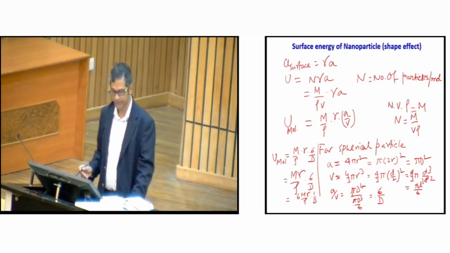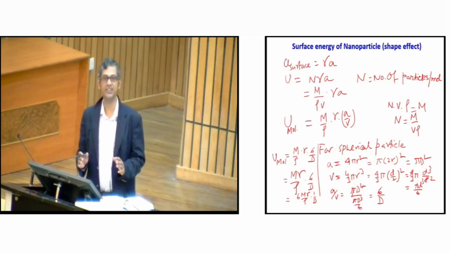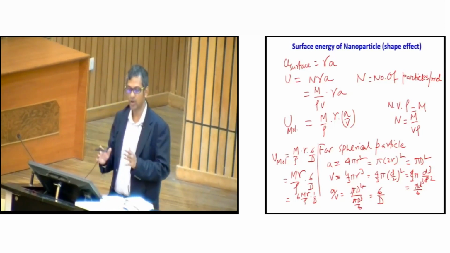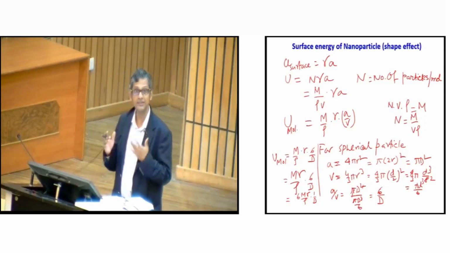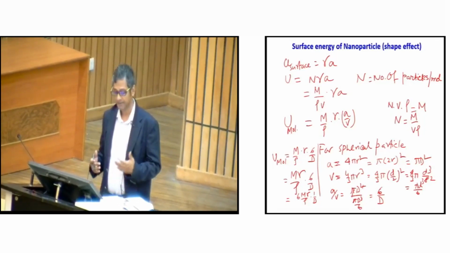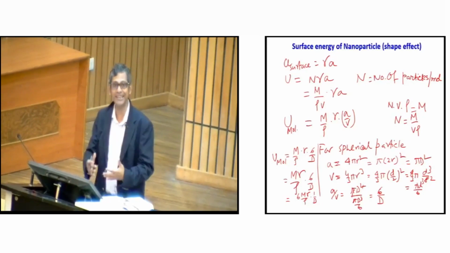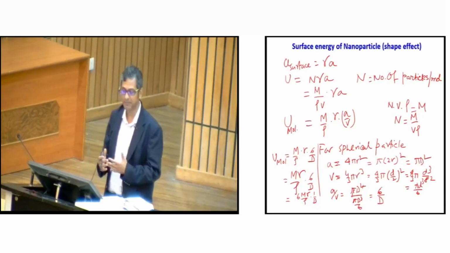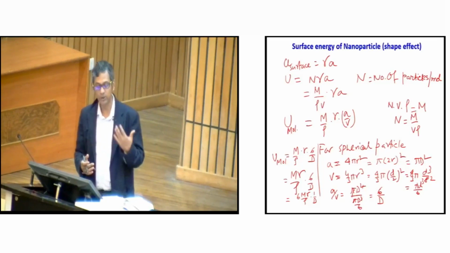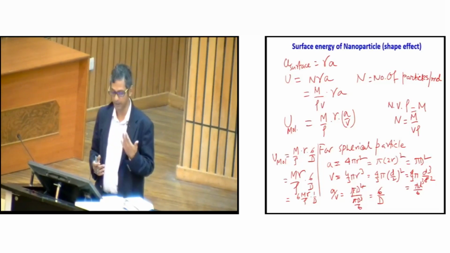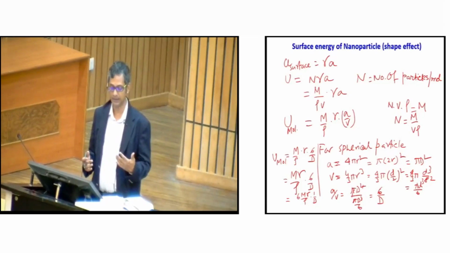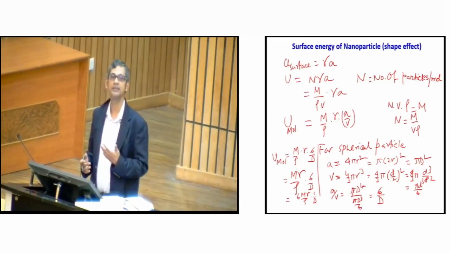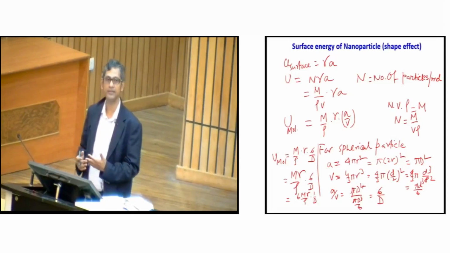You understand that surface energy not only depends on the size, but it scales with the size. For a spherical particle, it scales as 1 by d. So, that means if I plot U surface energy per mole as a function of d for a spherical nanoparticle, it will be a 1 by d kind of curve, right.